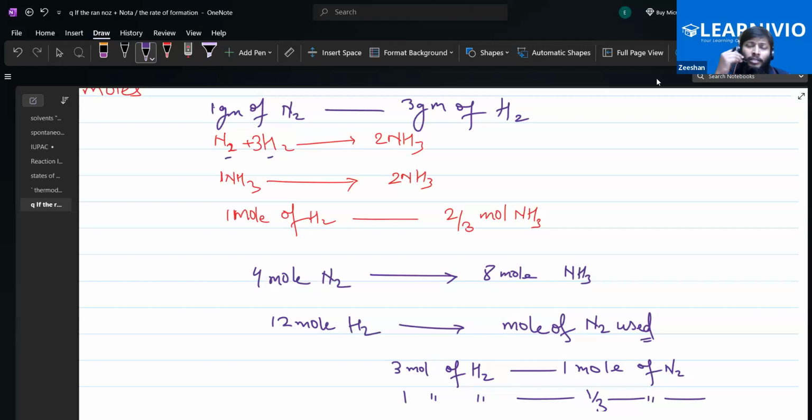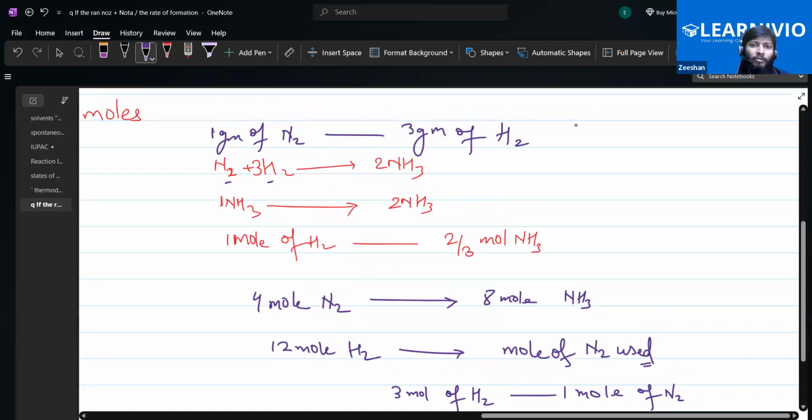So this statement is also correct, and this statement will also be correct: that 1 mole of nitrogen is reacting with 3 mole of hydrogen. So according to you two, both statements are correct.